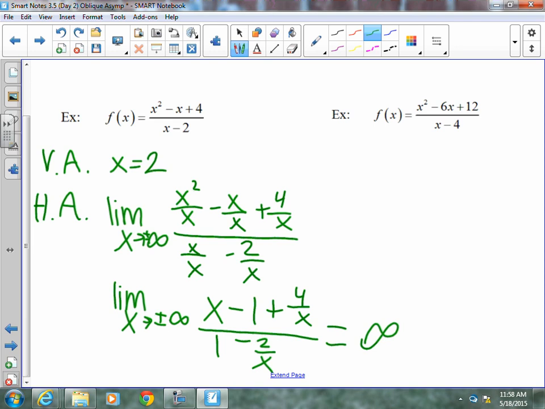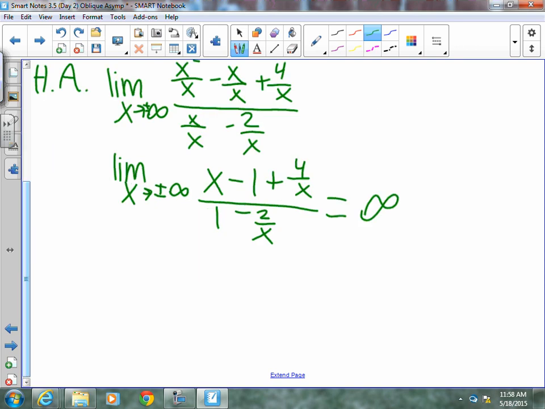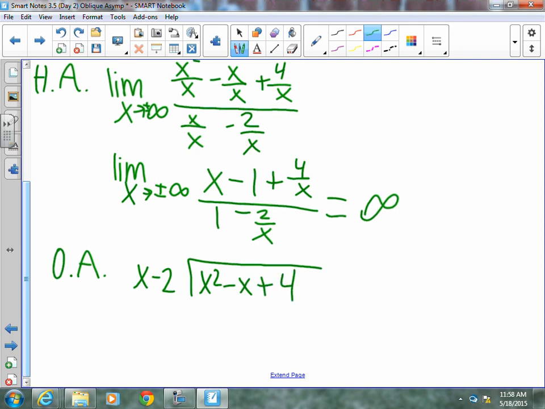For our oblique asymptote, we're going to have to use long division. I'm going to switch colors because I'm kind of running into my work above. We get an x, distribute the x.